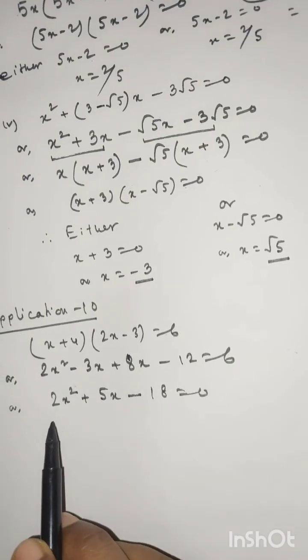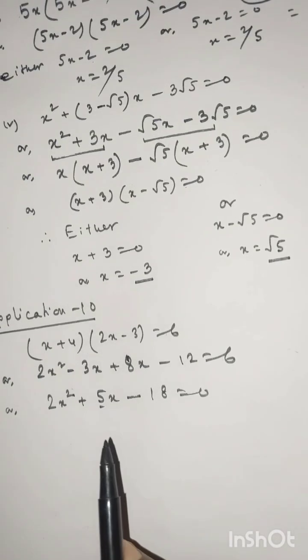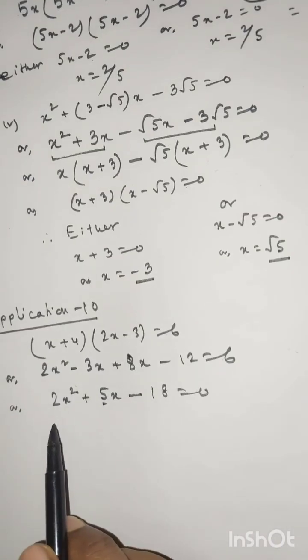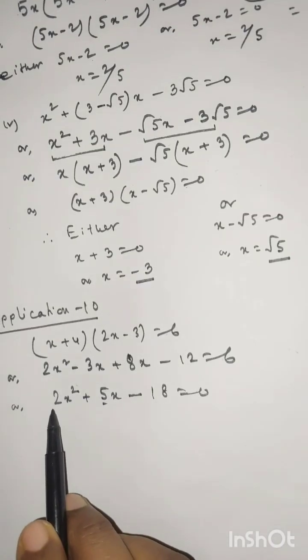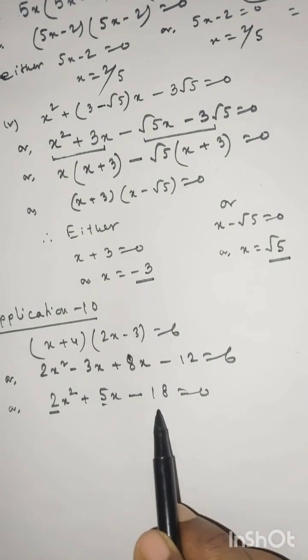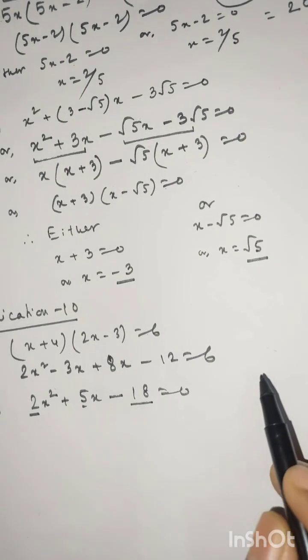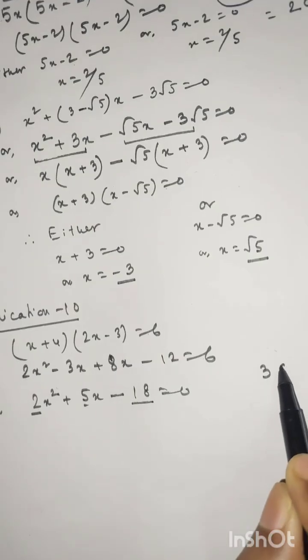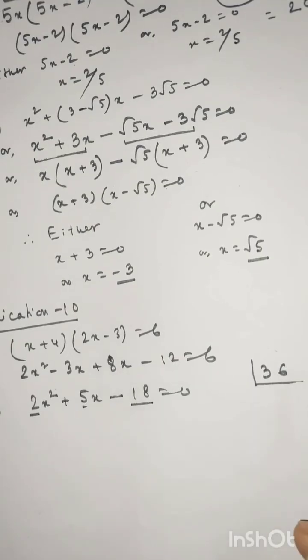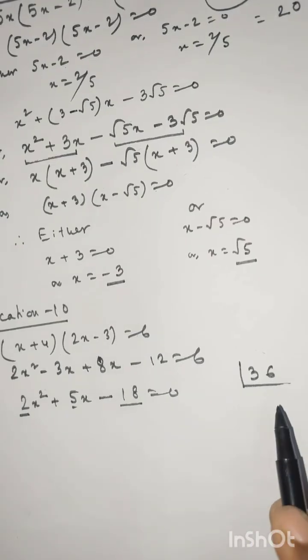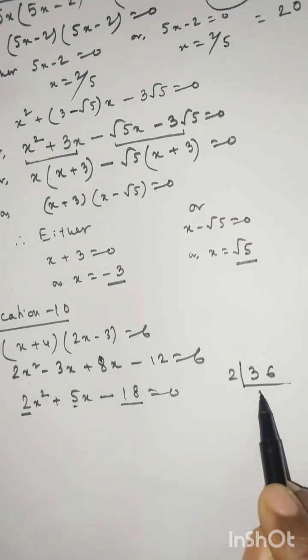For doing middle term factorization, we have to break the middle term. And how do we do it? We have to multiply the coefficient of x square and the constant term, that is 36. And now we have to do prime factorization of this number.